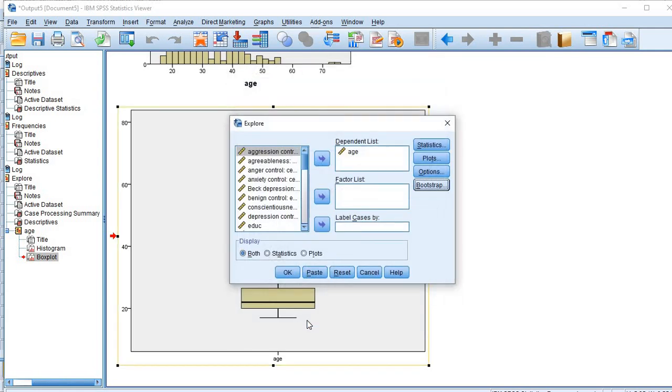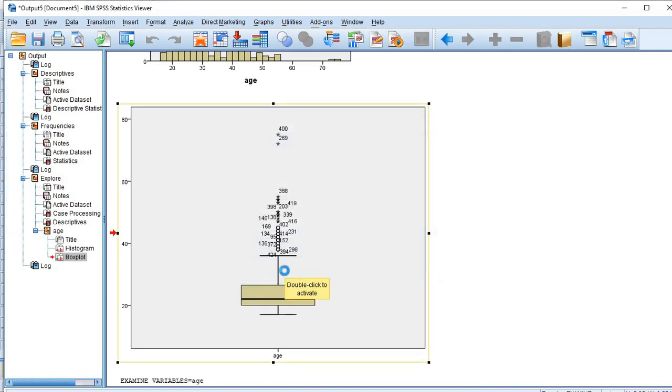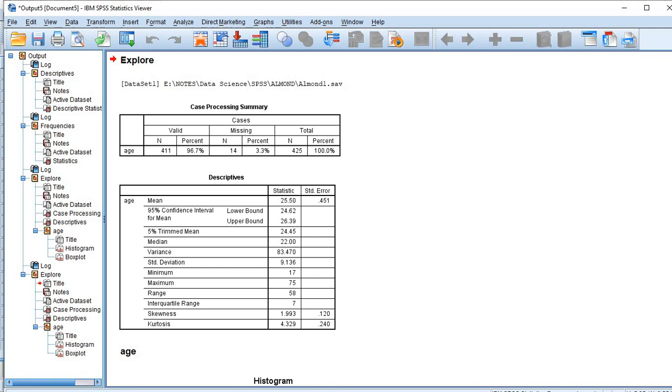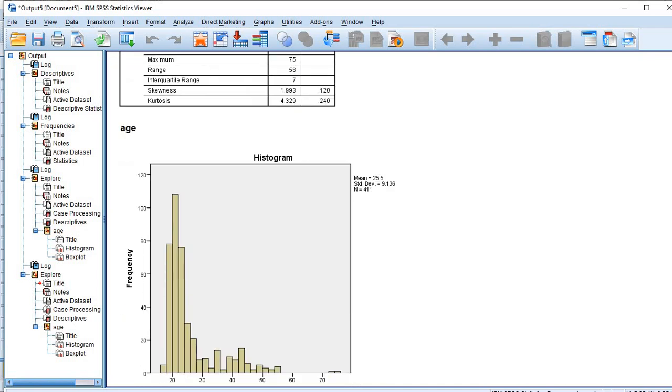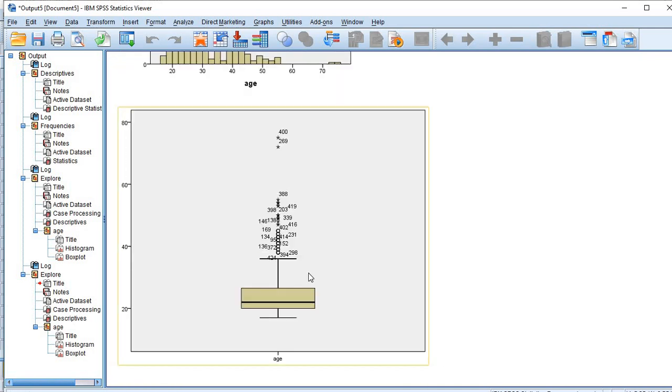Okay, it depends on the version of SPSS. Now, you realize on this box plot, it's very important to talk about. Let's finish by talking about this. I'm running version 26 of SPSS.